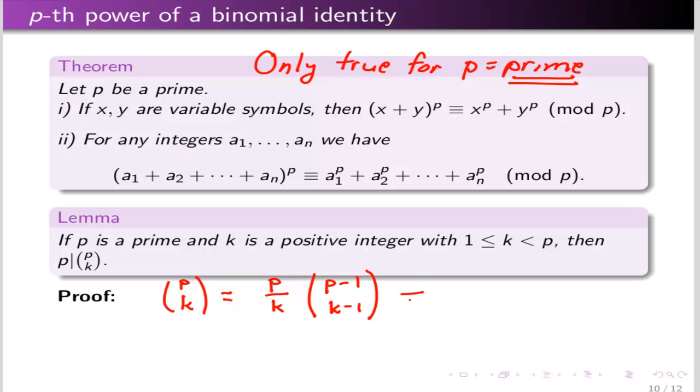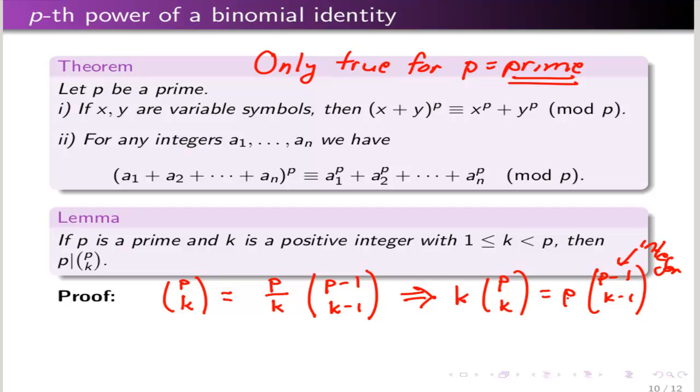So try that out for size. Therefore, if I get rid of the denominator, k times p choose k equals p times p minus 1 choose k minus 1. Now this is an integer right here. It's a whole number.